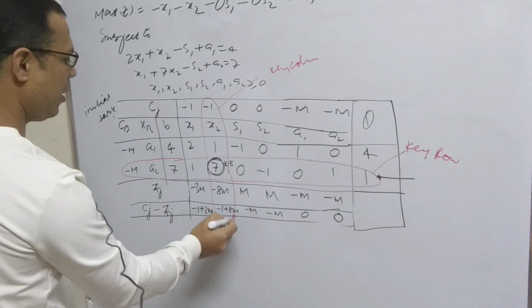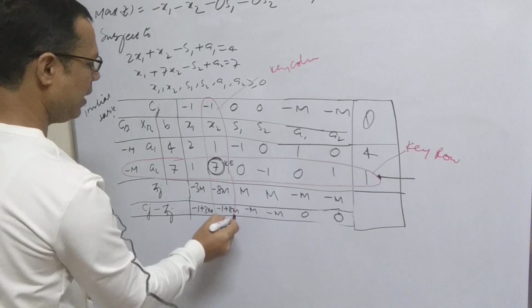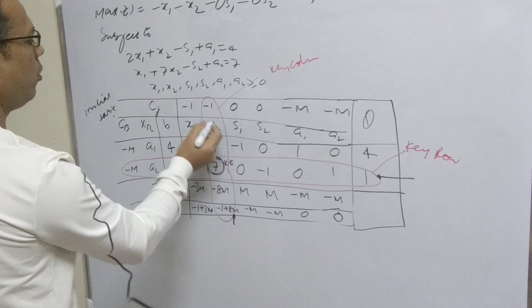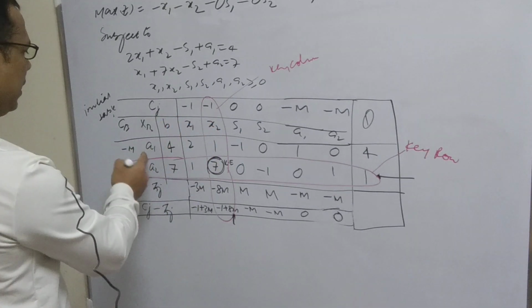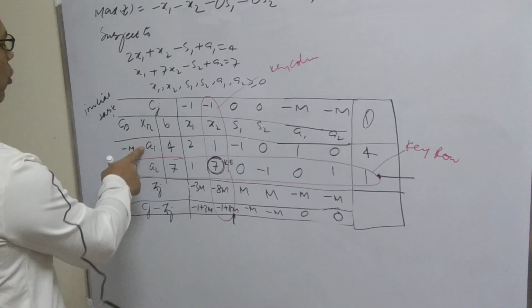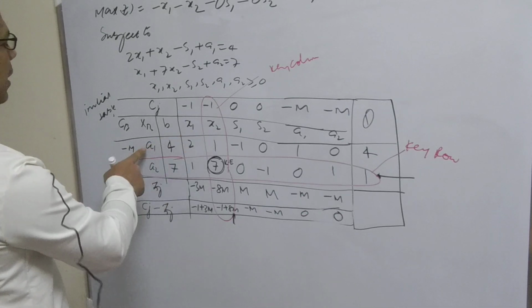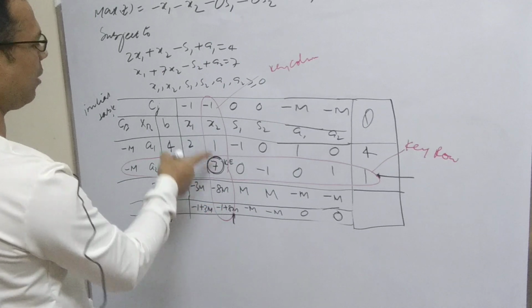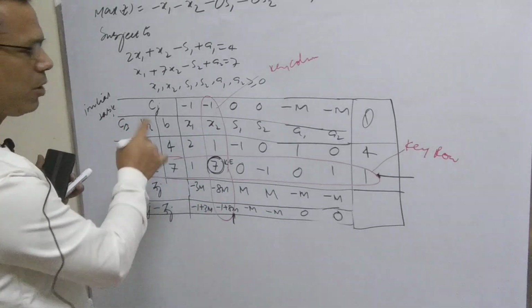It means whatever variables we are going to put the arrows at on the upper side, just go into the key column, you will find the x2 variable. So x2 is going to enter into the basis. These two are the basic variables. Out of these two, which place is going to be replaced by x2, we will see in this step. It is confirmed x2 is going to take the position of either of these two variables.